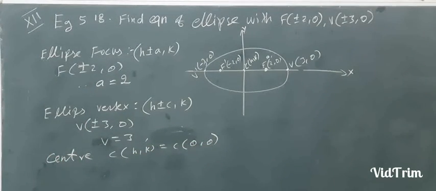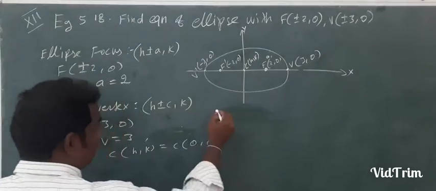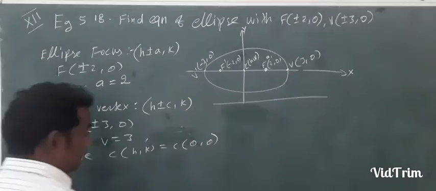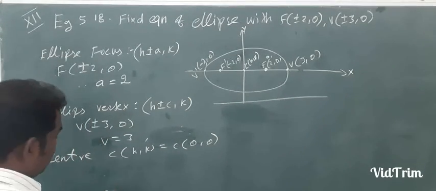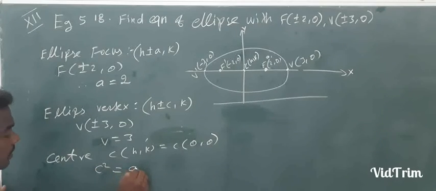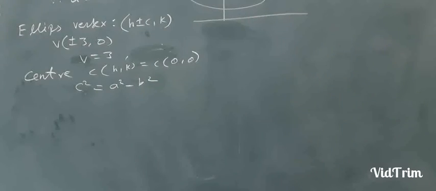And then in your book, page number 188, they are giving a clear explanation about finding the b square format. That is c square is equal to a square minus b square. Now we are going to apply the c value and a value and find the b value.